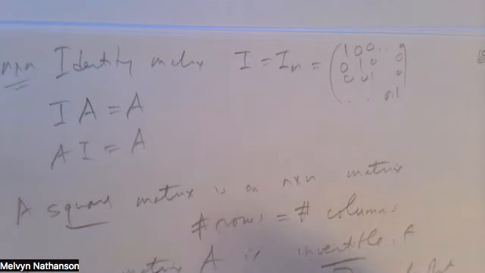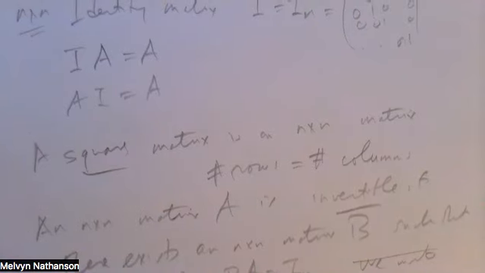Right, if also another matrix C has this property, AC equals CA equals the identity, then I can say that B is B times the identity.